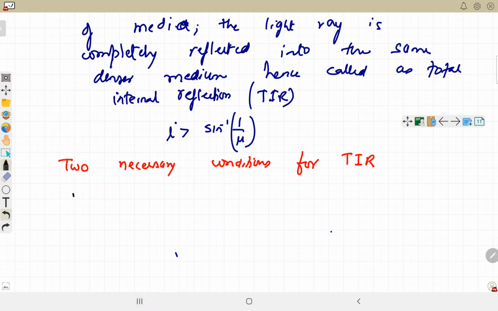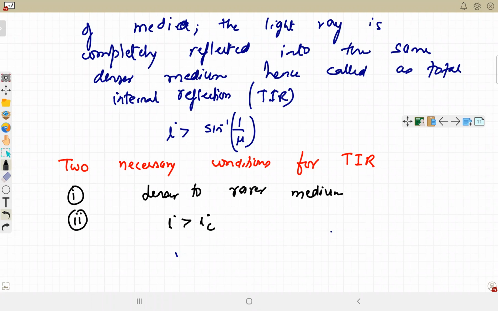First, light should be going from denser to rarer medium. Second, the angle of incidence has to be strictly greater than, not just equal to. Write these down in words. The angle of incidence should be greater than the critical angle for that pair. These are the two necessary conditions.